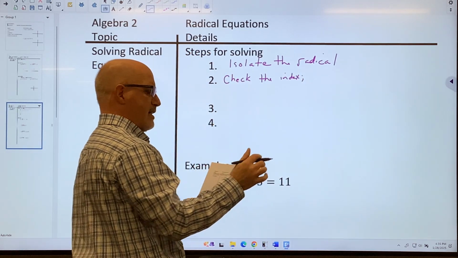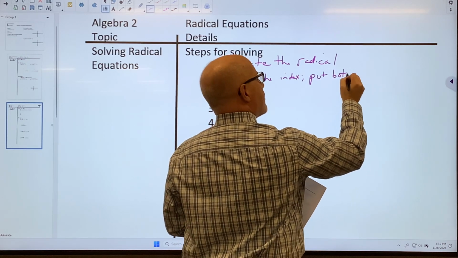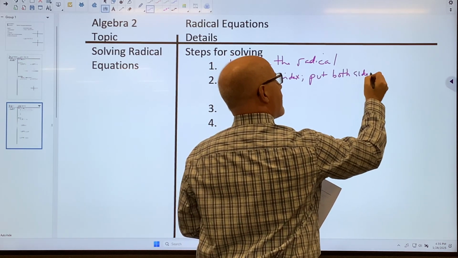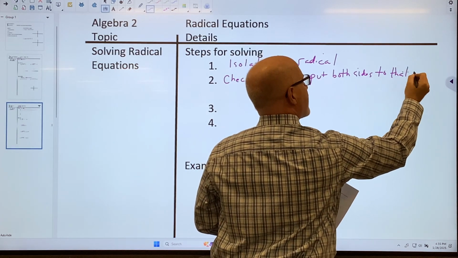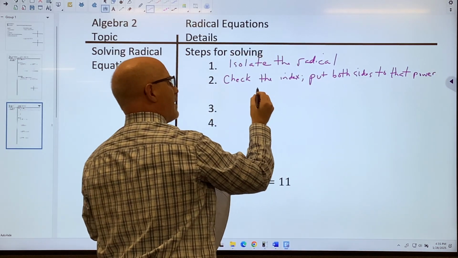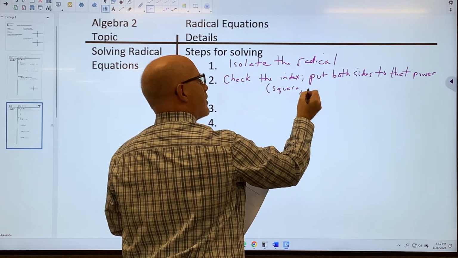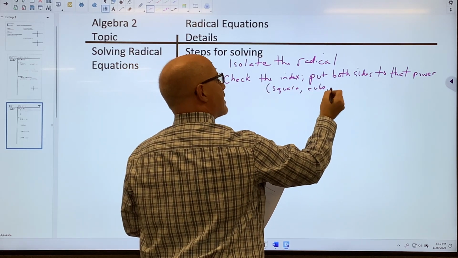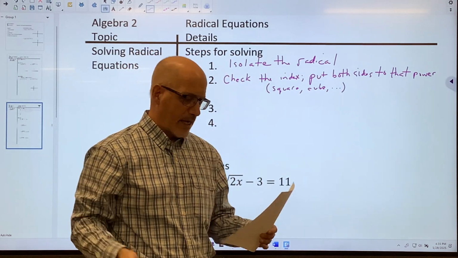Put both sides to that power. For example, that might mean square both sides, or cube both sides, etc. Whatever the index is, put that power to both sides.